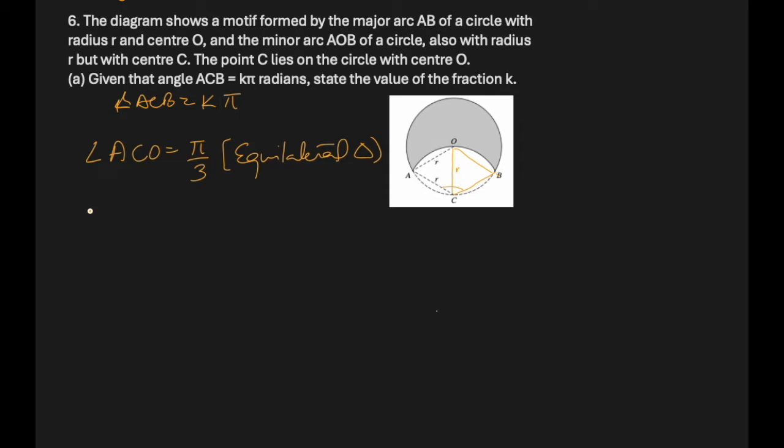So angle OCB will also be pi by 3, and this is also an equilateral triangle because this B is on the minor arc, or major arc also, of center O and of center C also. So this R, then this R. So done. Same.